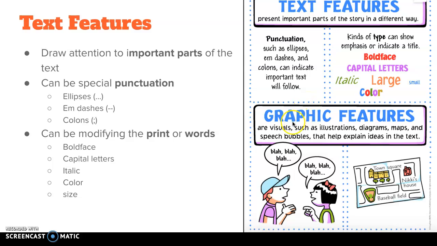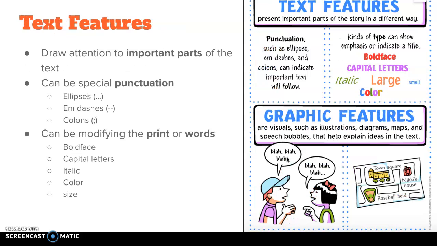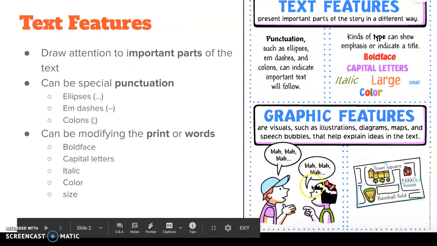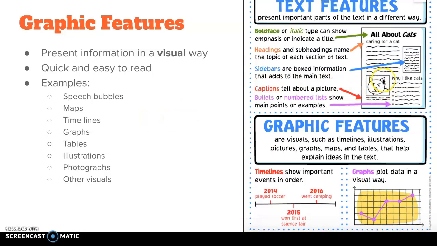We're also going to look at graphic features. Graphic features are visual. They're quick to read. They're sometimes considered fun and easy to read. Examples of graphic features are speech bubbles, maps, timelines, graphs, tables, illustrations, photographs, and other visuals.